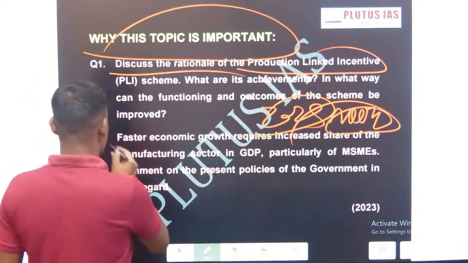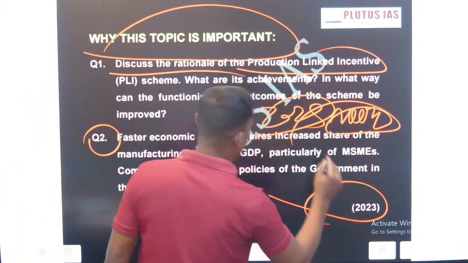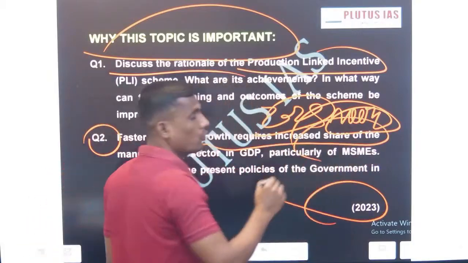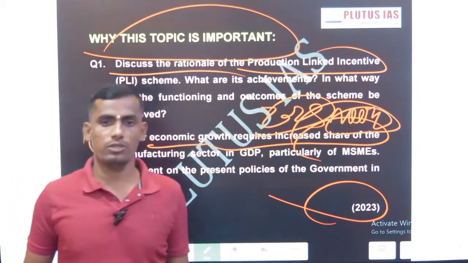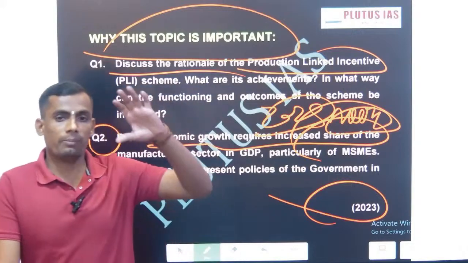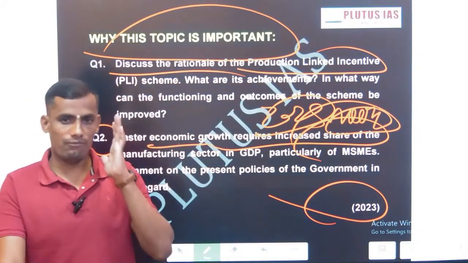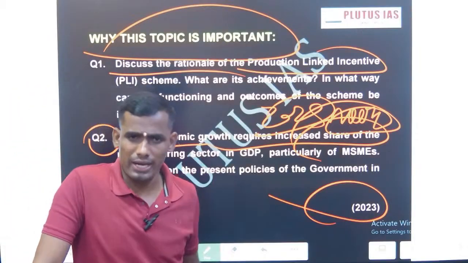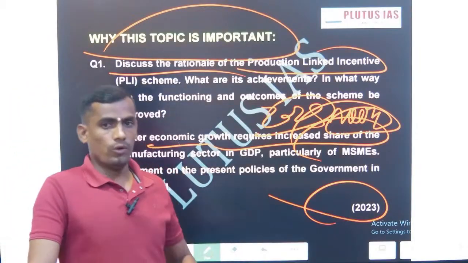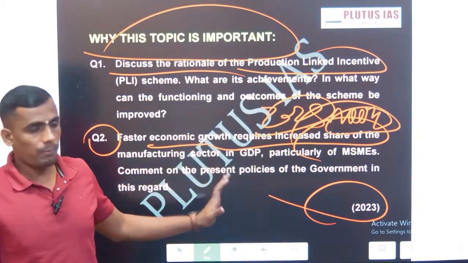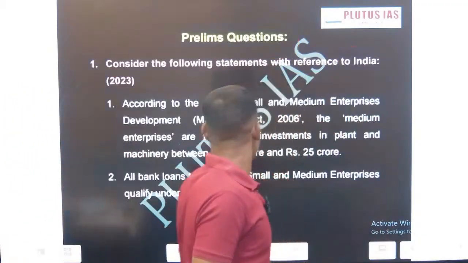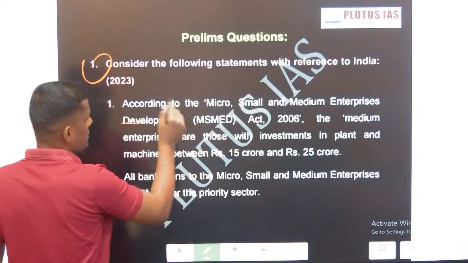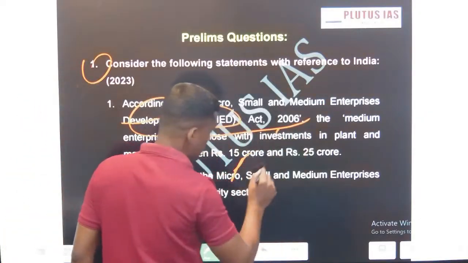Then this is the 2023 mains question: how India wants to be a global power in the global economy, its manufacturing sector should be strong and wealthy. So this is 2023. There are n number of questions in 2019, 2018. So this manufacturing sector becomes important. Now this is a prelims question. I would say MSME is also part of the manufacturing sector only.